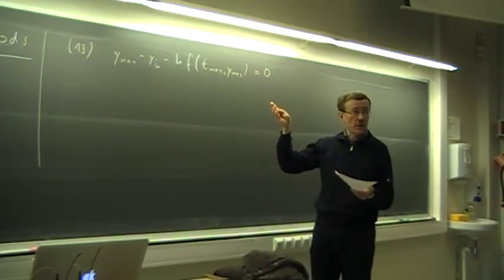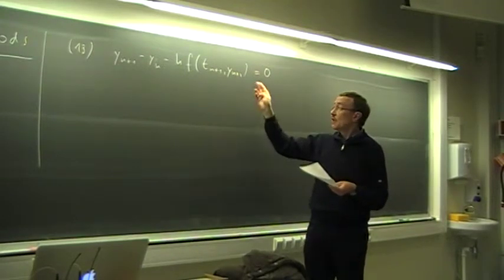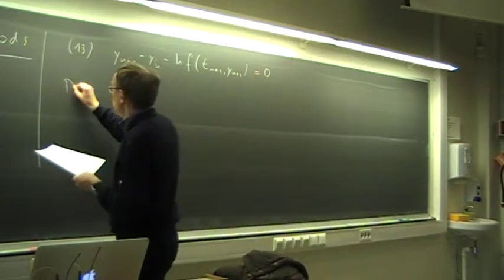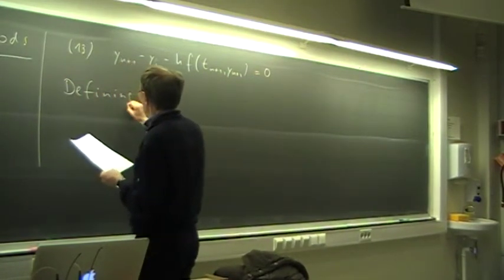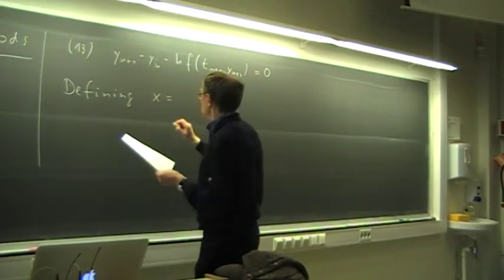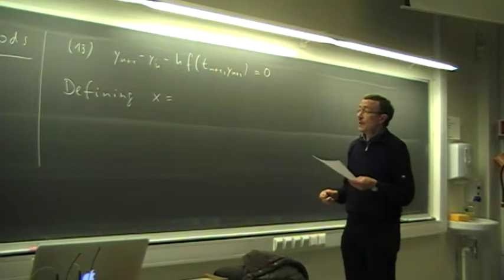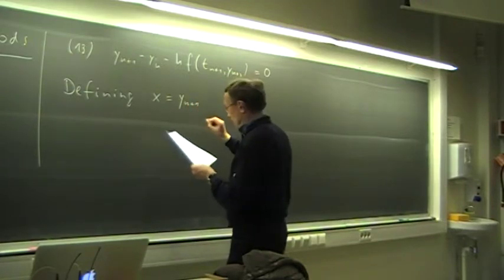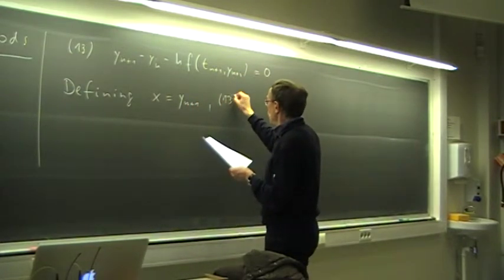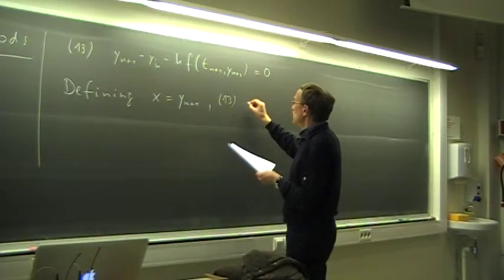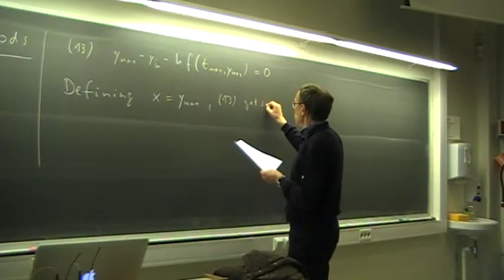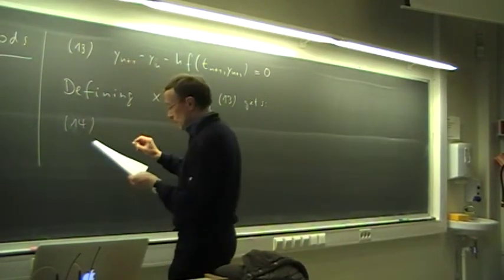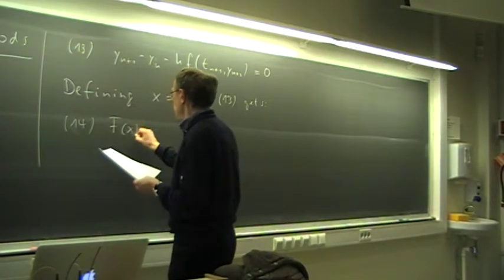Imagine y is a scalar, then it's a scalar nonlinear equation. If y is a vector, it's a nonlinear system. So we do now what we usually do. I'm used to defining the root of the nonlinear equation as x. So then equation 13 becomes the following, and that equation I call now f of x.